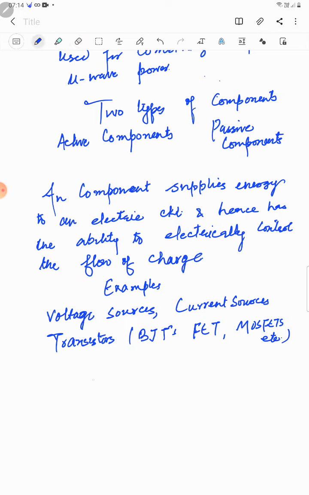The second class of components, as you know, are called passive components.